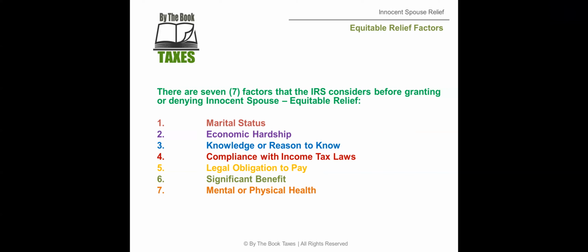So in the past, that was not a factor, but now it is. So these are the factors that the IRS gives a lot of thought to before either granting or denying the request for equitable relief.